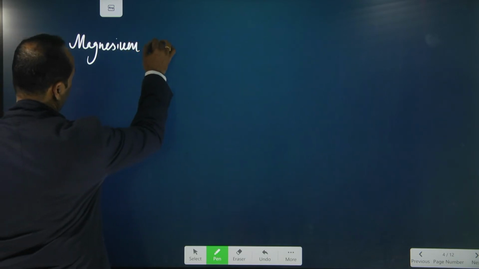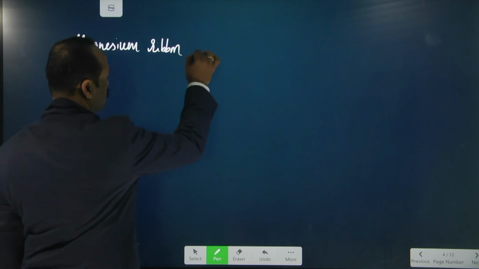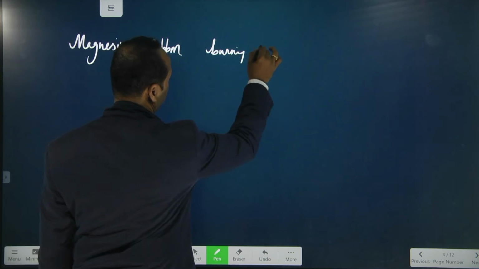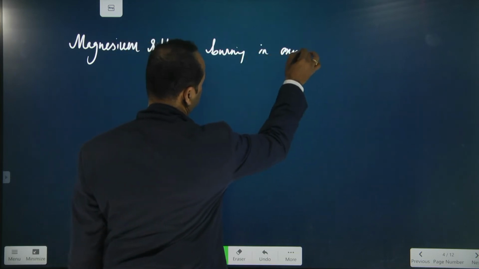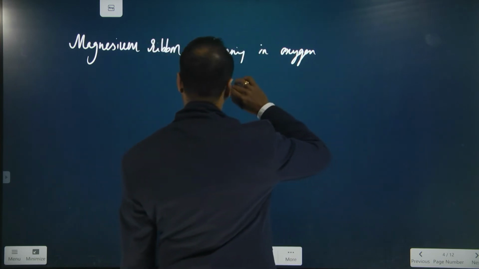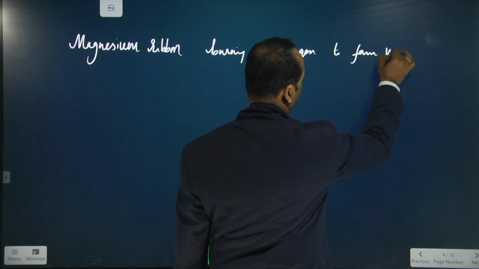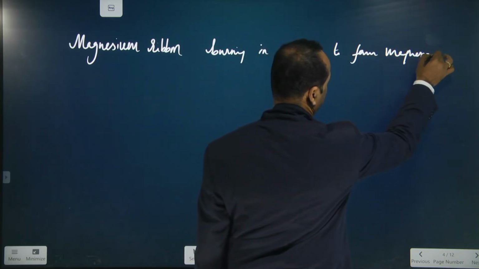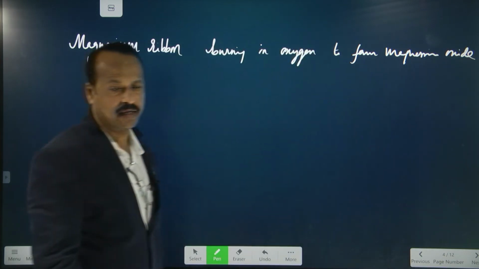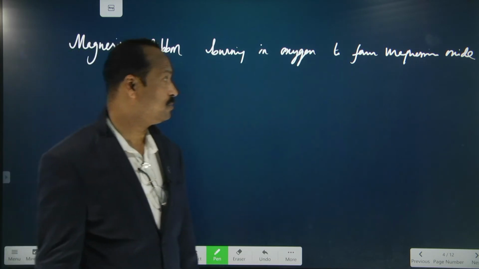Magnesium ribbon burns in oxygen to form magnesium oxide. So when I burn the magnesium, I will get magnesium oxide.